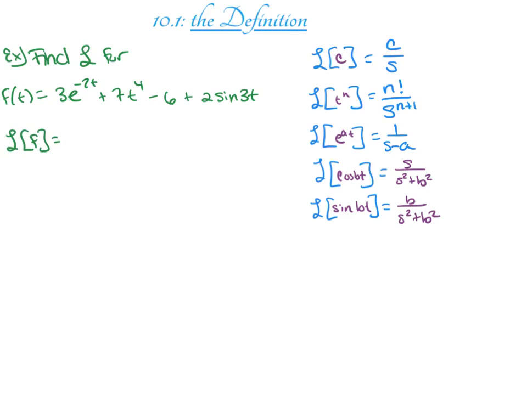Okay, let's use our chart over here. E to the negative 2t. So that means that's this third one down where a is negative 2. And remember, Laplace transforms are linear transformations, so the 3 can just get multiplied to whatever the Laplace transform is, factored out of it. So this would be 1 over s minus a, but s minus negative 2 is 1 over s plus 2.